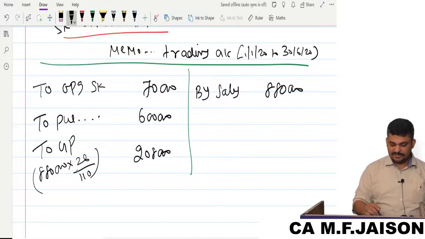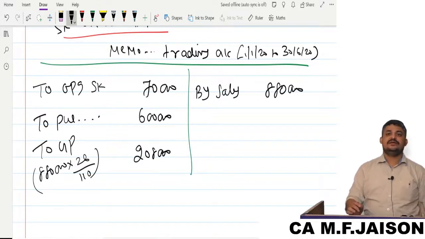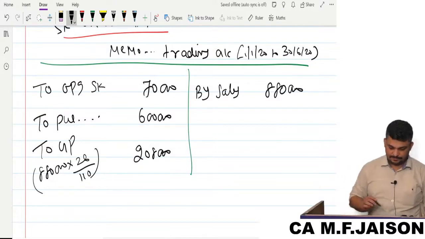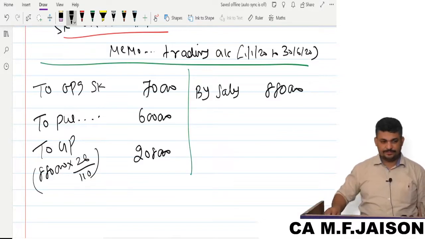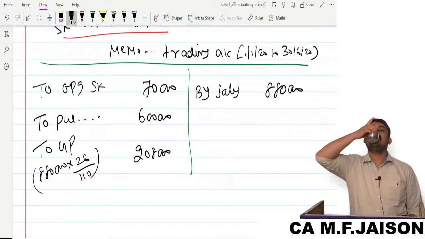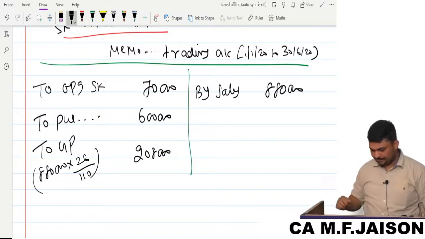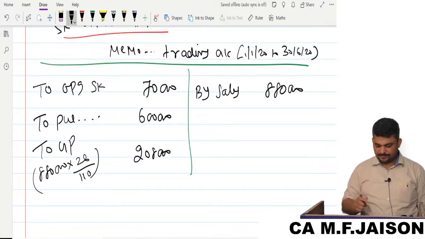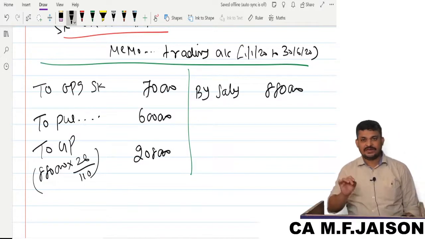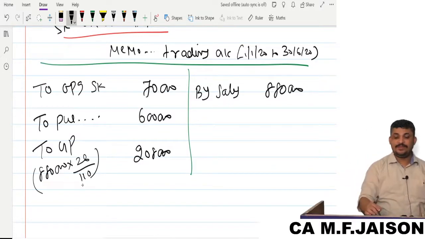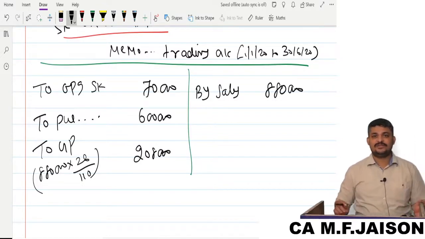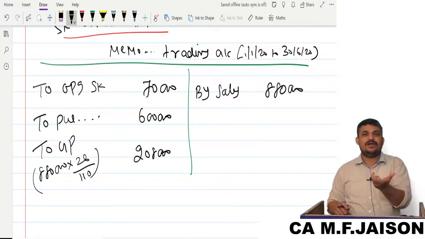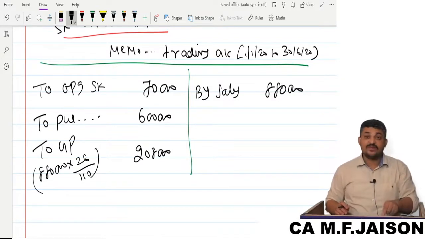When you multiply 8,80,000 into 23.64%, some 32 rupees extra will come. So that approximation I am avoiding by multiplying by 26 by 110. It is not that I don't want you to use 23.64%. You can use that, but a small difference comes. So let us avoid it by directly taking the fraction.